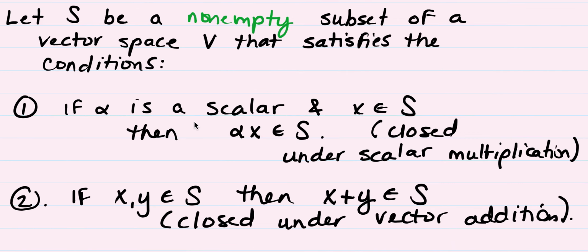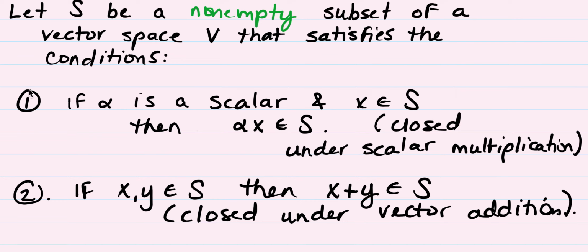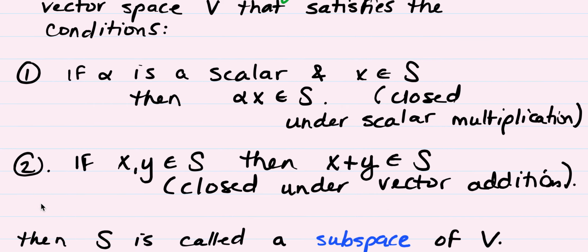But the 2 properties that you don't get for free are these right here, 1 and 2, which are being closed under scalar multiplication and vector addition. So you have to check those 2. And if those 2 hold, then you have a vector space S inside this larger vector space V. And the smaller vector space is called a subspace.